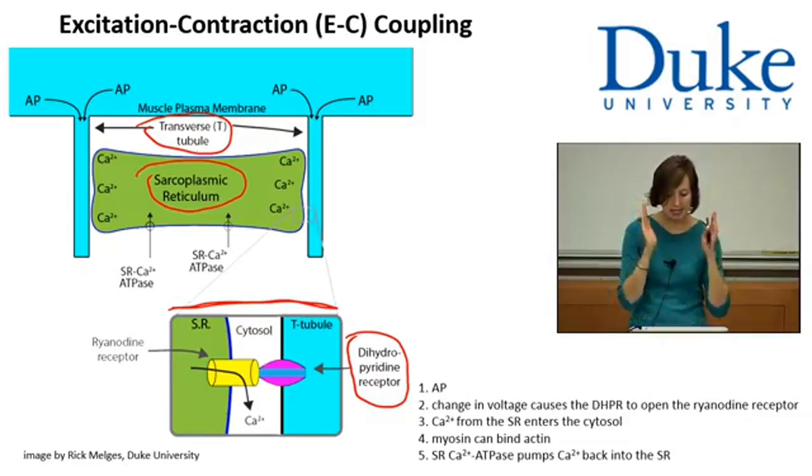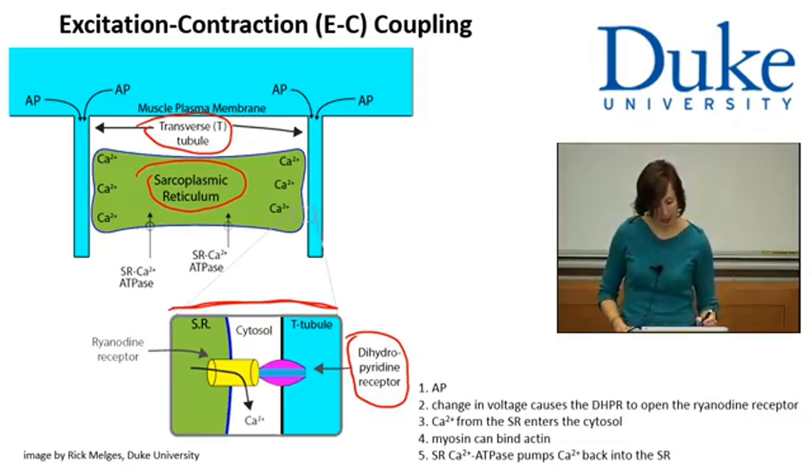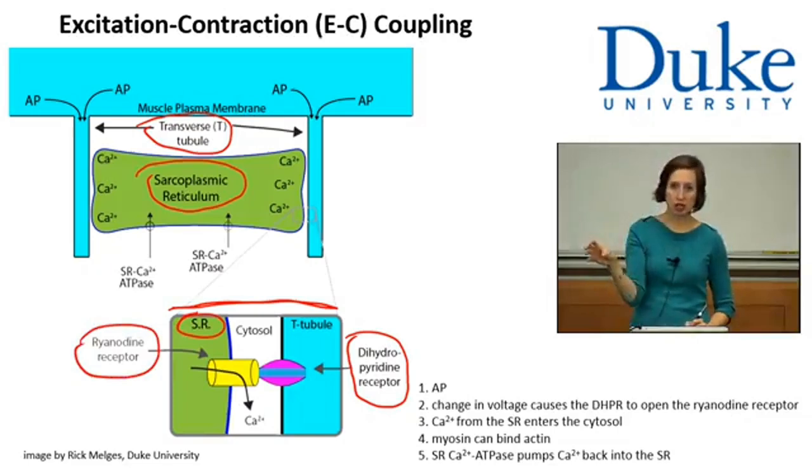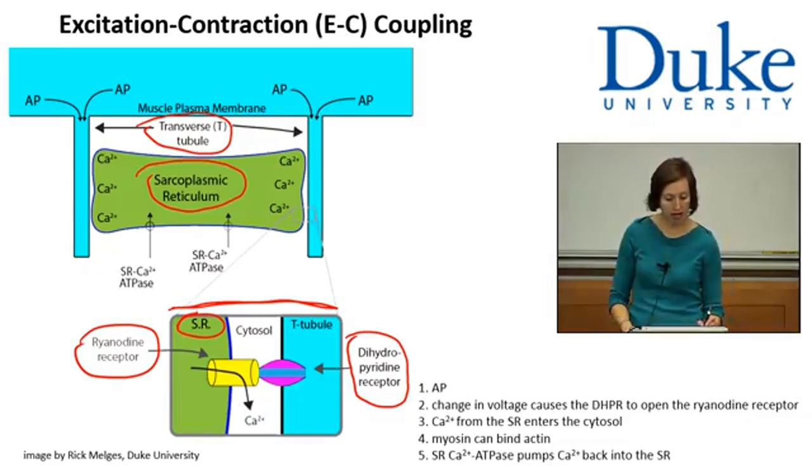It's actually touching a second receptor that's sitting in the sarcoplasmic reticulum, the ryanodine receptor. So the change in conformation of the dihydropyridine receptor in response to the action potential is going to cause a change in the conformation of the ryanodine receptor, which then lets calcium leave the sarcoplasmic reticulum and enter the cytosol.